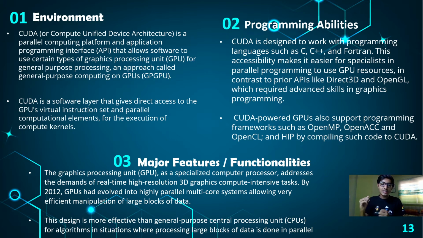By 2012, GPUs had evolved into highly parallel, multi-core systems allowing efficient manipulation of large blocks of data. This design is more effective than general purpose CPUs for algorithms where large blocks of data are processed in parallel. So CUDA can help here a lot.